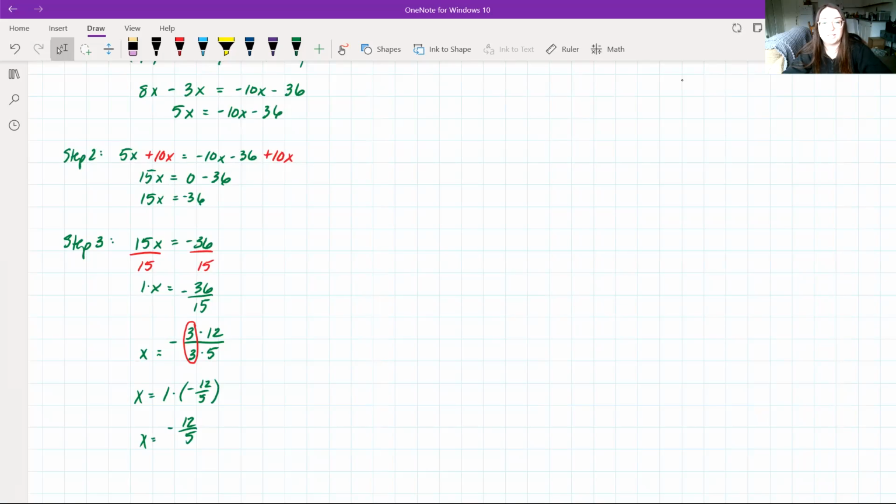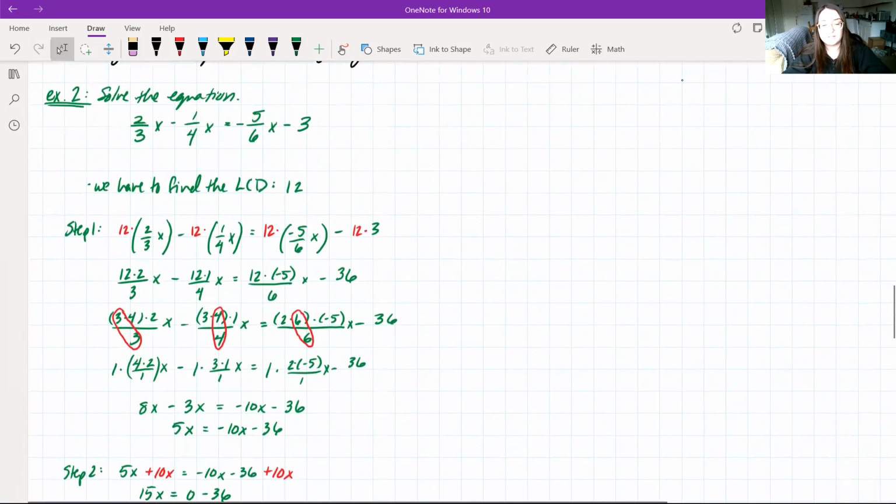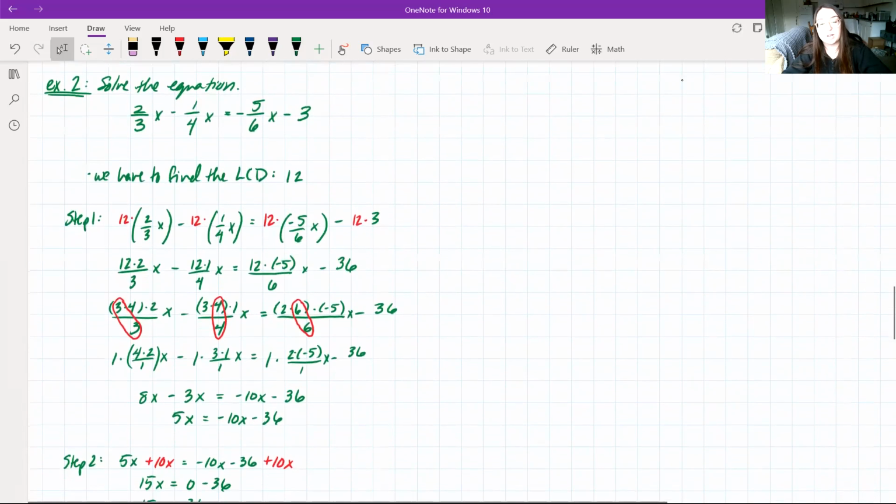And now we want to check our answer. So we want to plug this value into our original equation and see if it ends up making sense. So let's bring up our step 4 here so we can view our original equation. We want to plug negative 12 over 5 in for x.